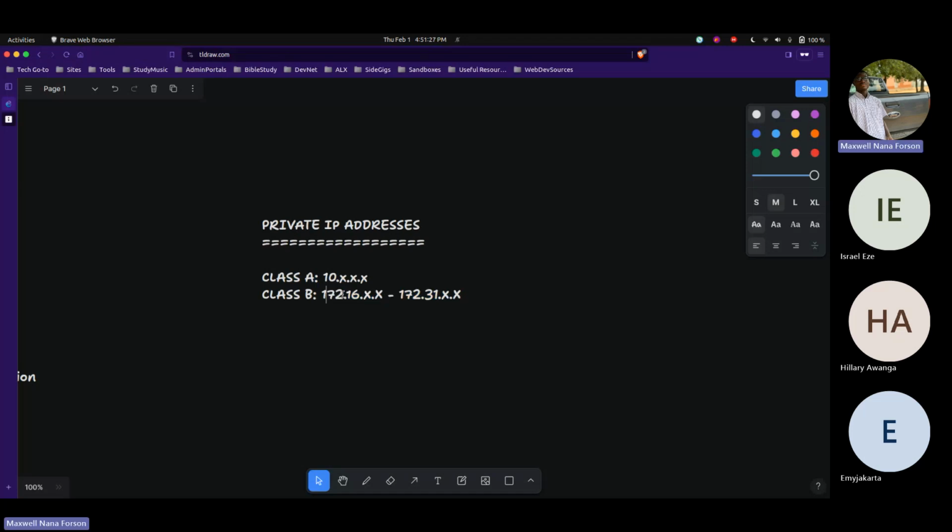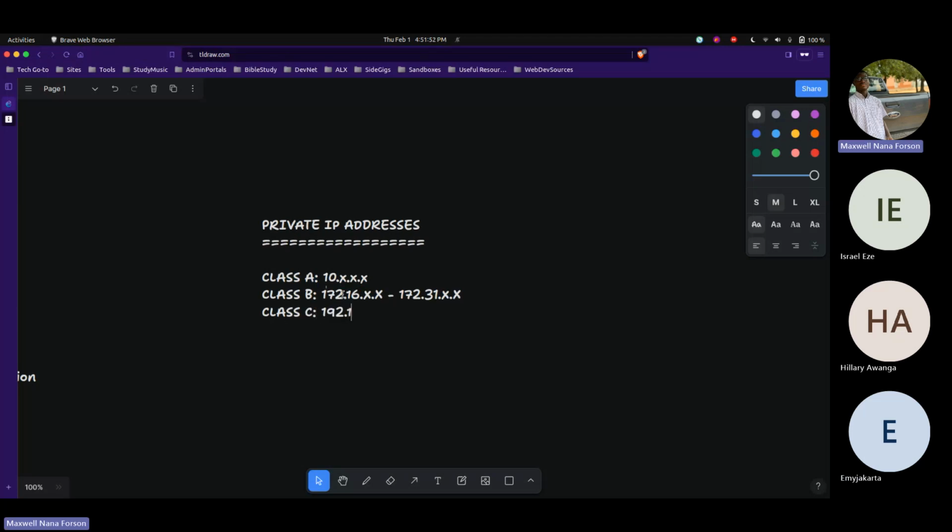By private IP addresses, like I mentioned, they are the ones that you are using on your PC at this point, because IP addresses are very expensive. So these are the ones that have been allocated for our use. There are other IP addresses that, before you can use them, you would have to buy them, right? So these ones here are for our usage locally.